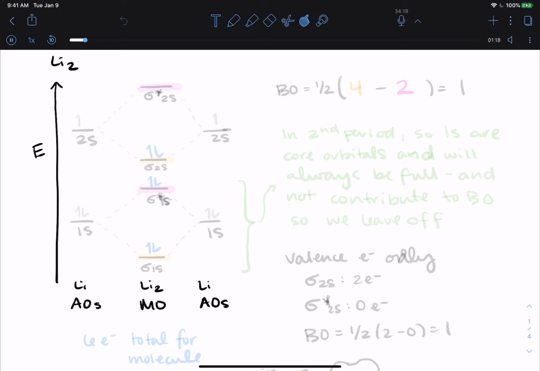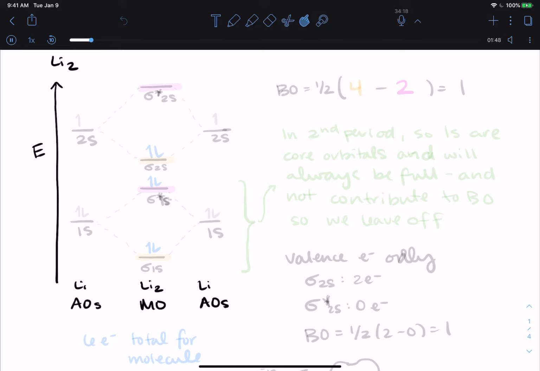So in the second row, lithium has the 2s and technically the 2p. I'm going to leave the 2p off of this picture, but we're in that row, so they technically exist. They're just empty, so we're not going to need them, and I want to explicitly go through drawing some of those pictures with the p orbitals as soon as we get past this, because they're going to be necessary as soon as we get to the second half of this row.